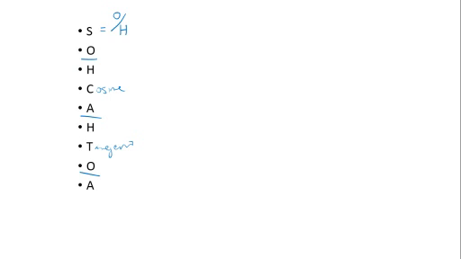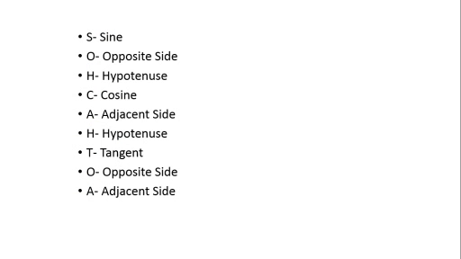Now, there's another way of helping you remember this. Instead of trying to think of SOHCAHTOA and how to spell it, another way of remembering the letters is: some old hippie, caught another hippie tripping on acid.